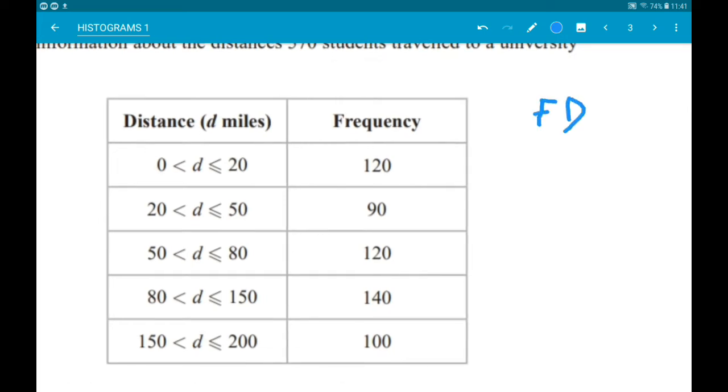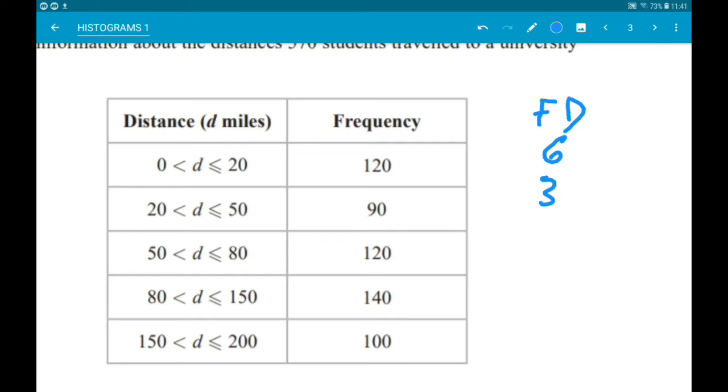So frequency density is frequency divided by interval width. So first up, we have 120 divided by 20, so that's 6. Then we have 90 divided by 30, so that's 3.